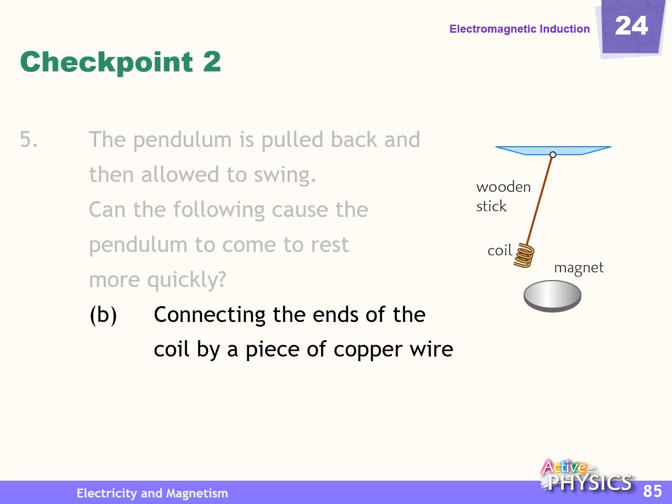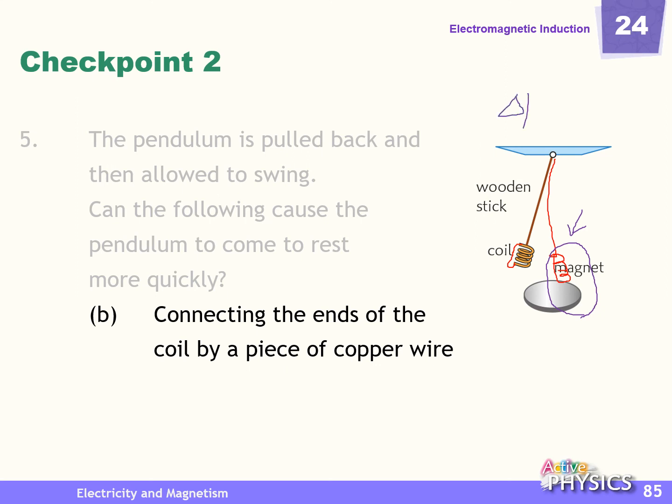So connecting the ends of the coil by a piece of copper wire. In this case, if you connect these two ends, then it becomes a closed circuit, right? So for a closed circuit, if it swings to this position, the maximum number of field lines pass through the coil. So more field lines pass through the coil at this position.